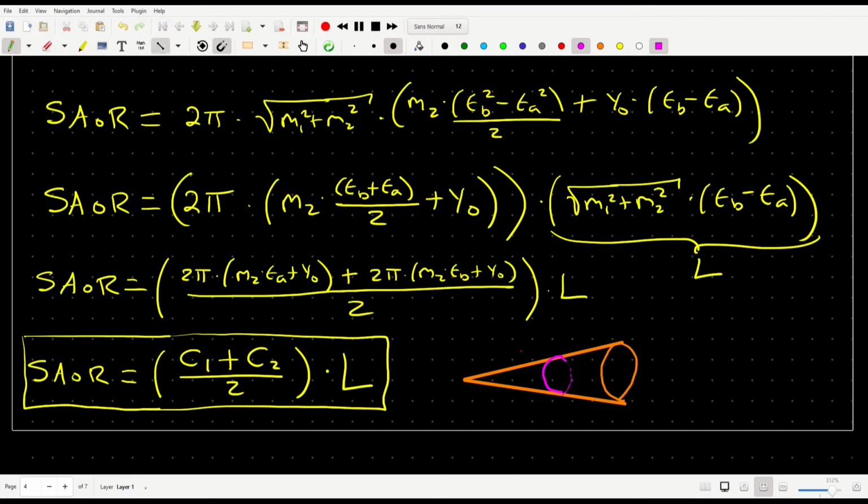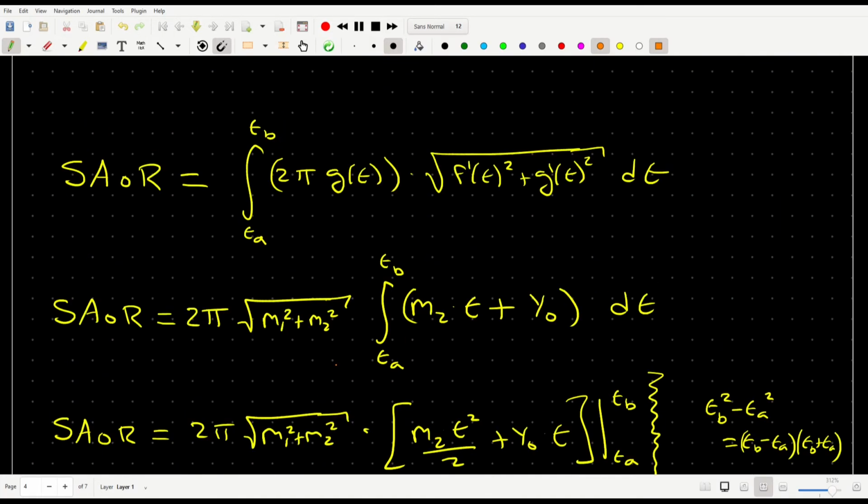So if we take the larger cone and subtract out the area of the smaller cone, what we're left with is the surface area of this frustum shape. So this surface area right here. This is a classic formula.